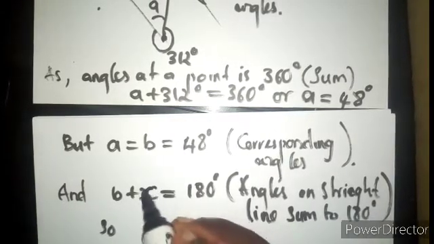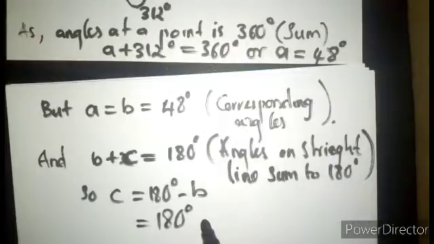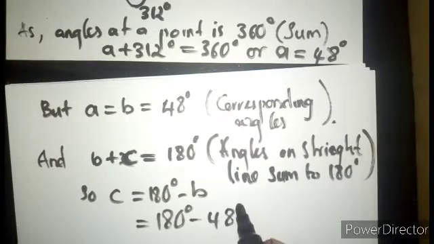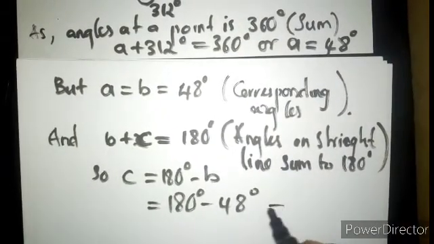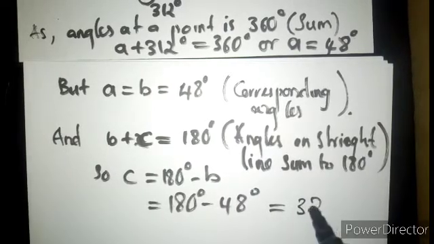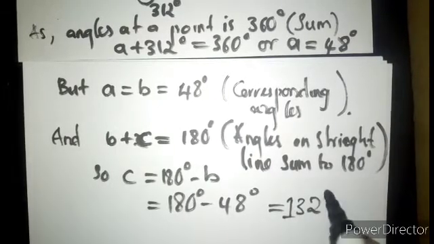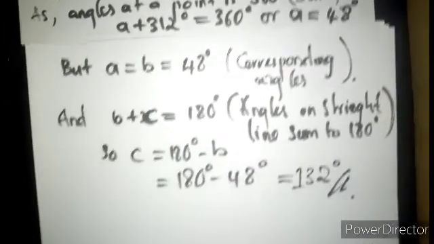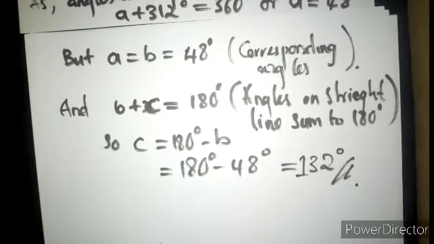So C is 180 degrees minus B. That's 180 degrees minus 48 degrees. That's 132 degrees. Yeah, exactly. So that's question 2.